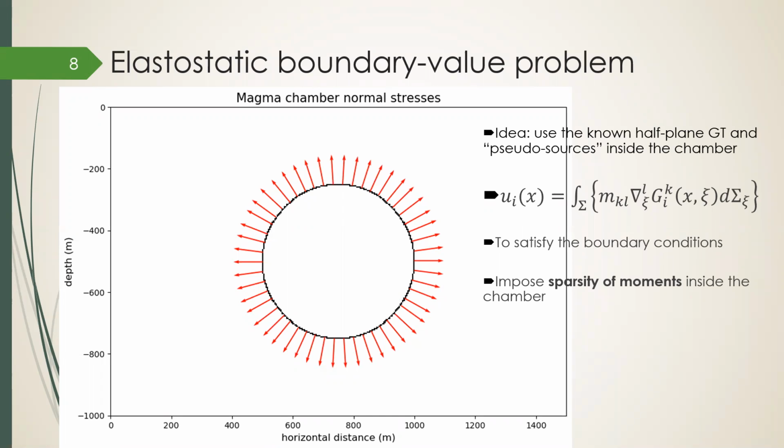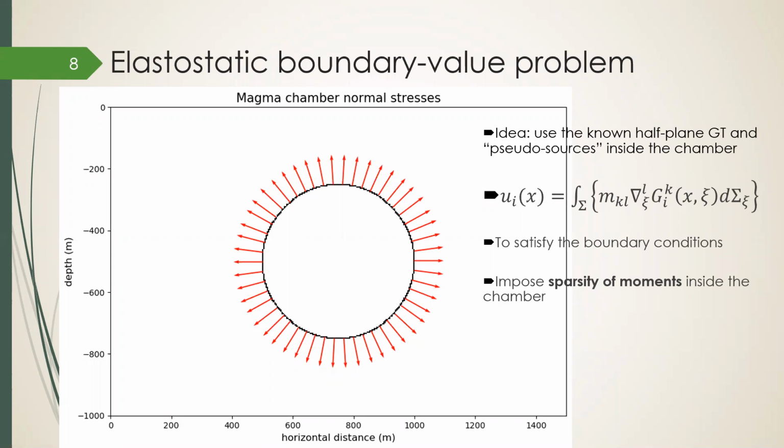And there are interesting later extensions to that result. It's also possible to use centers of dilatation along a line and so on and so forth. But what's important is that this problem is fundamentally non-unique. There is a lot of freedom in what we can do inside the chamber.